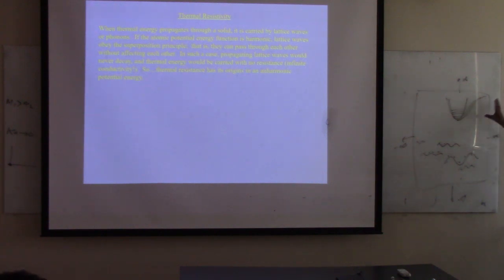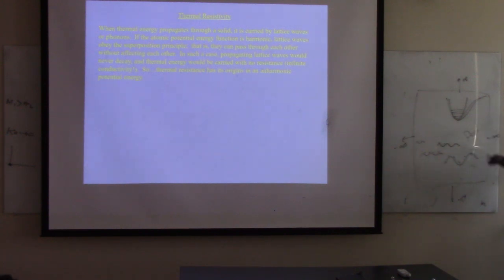But if you can introduce anharmonic oscillators, that means the superposition is not going to happen. So that means you have some kind of, we know this thing, they can even make destructive interference kind of thing, right?